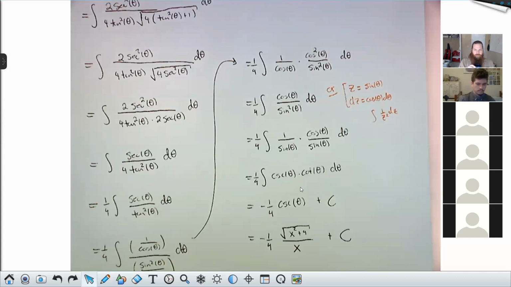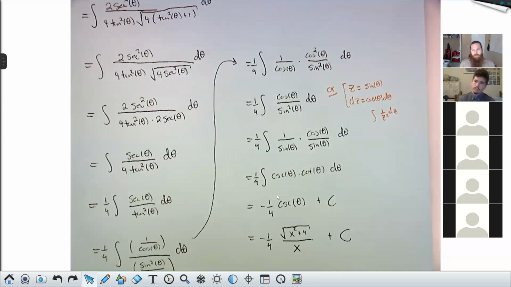Can I ask a question? Of course. Why can't we solve for theta, making it tan inverse of x over 2, and then just make it cosecant of tan inverse of x over 2? You can, but that has all sorts of domain restrictions. Remember the inverse tangent function is only valid for theta values that run from negative pi over 2 to pi over 2.